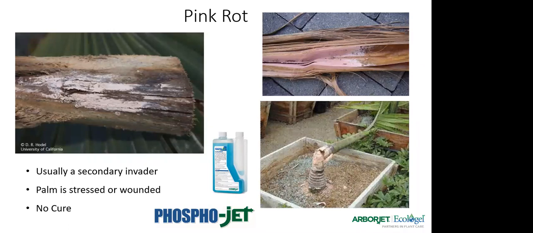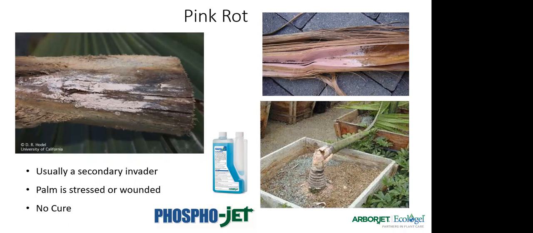So for instance, if a palm is planted in turf, try and pull the turf back. Try and get irrigation heads that have a larger droplet size, so it's less likely to mist and float in the air. But with pink rot, it's one of those scenarios where when it gets into the fronds, you can lose and basically rot out the entire meristem.